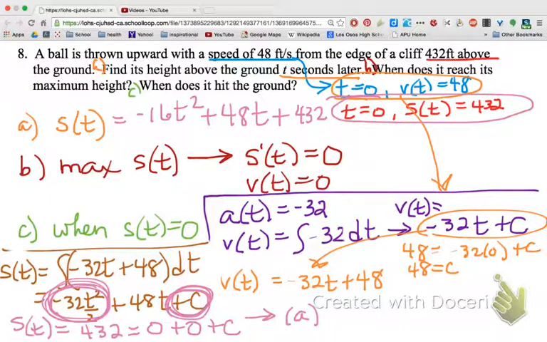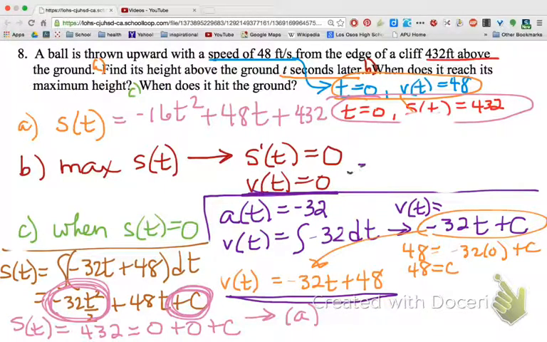So then when I get to part B, remember I wanted to take velocity and set it equal to 0. And of course I already had velocity down here.